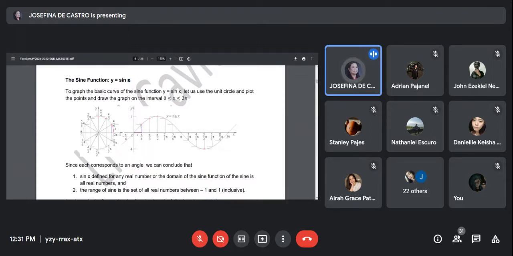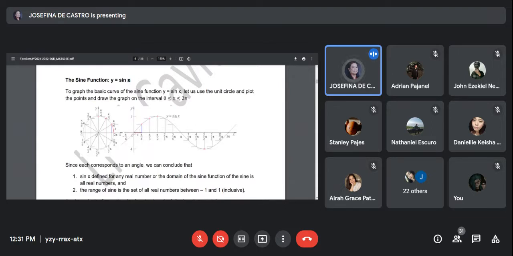So when we give the coordinates of the point, ang gagamitin natin for the x ay hindi real number, kung hindi angle. So if you give the coordinates of that point, ang coordinates niyan ay pi over 6, 1/2. Okay?